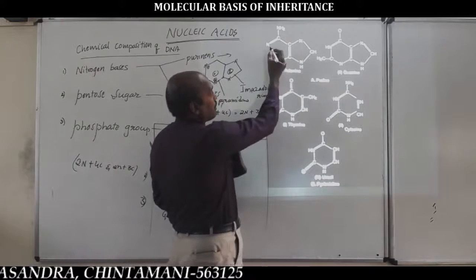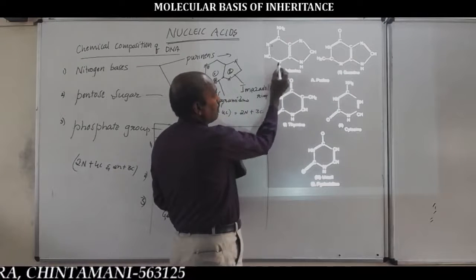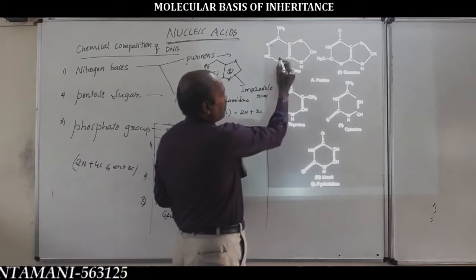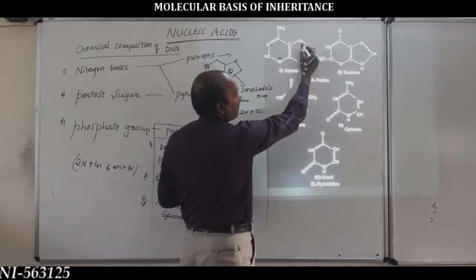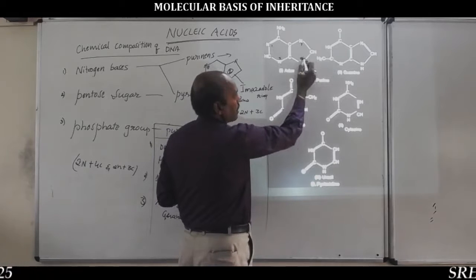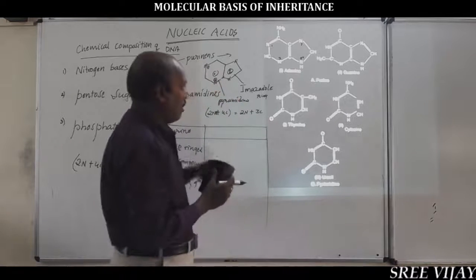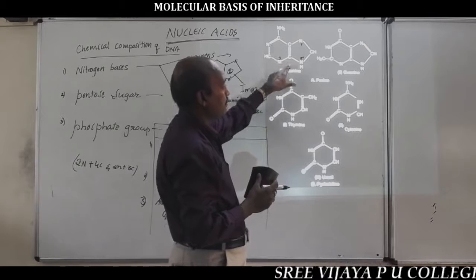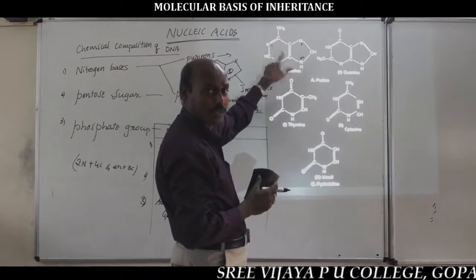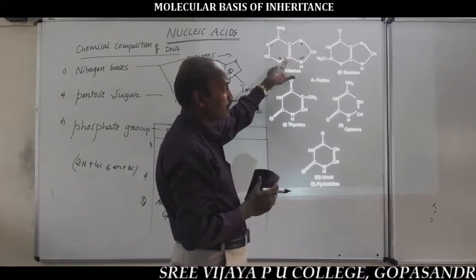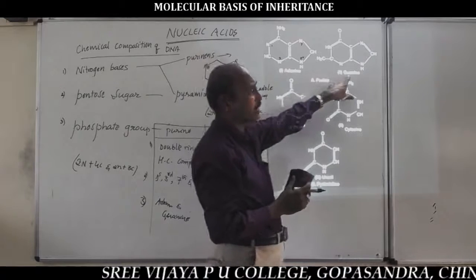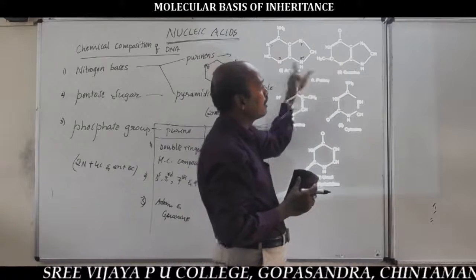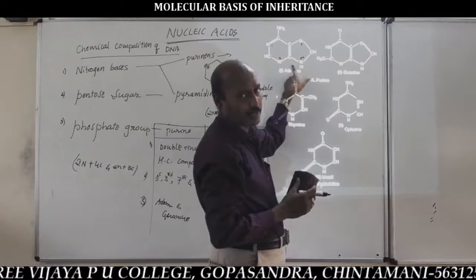In the adenine purine base, the first, third, seventh, and ninth positions contain nitrogen atoms, while the remaining are carbon atoms, the same as in guanine, because both of them are purine bases.